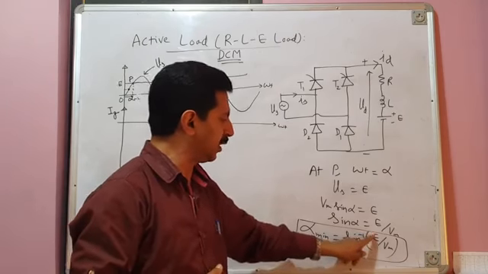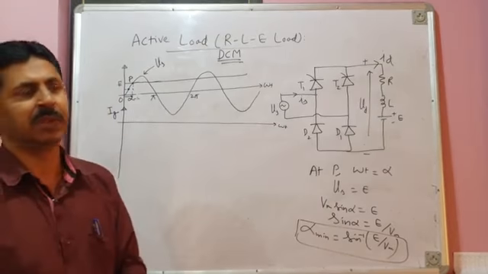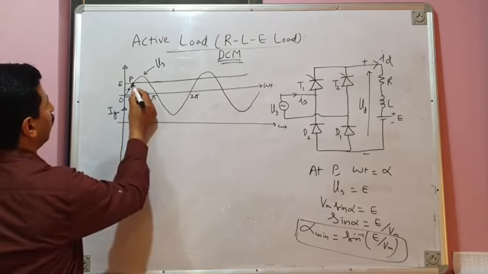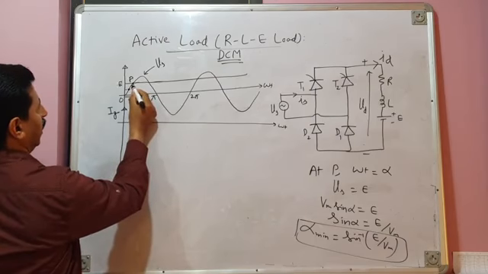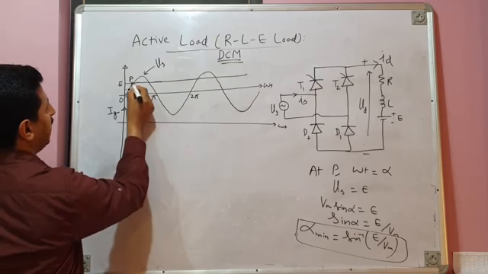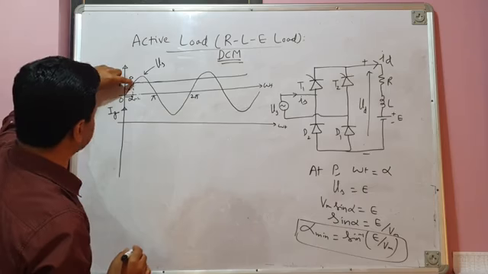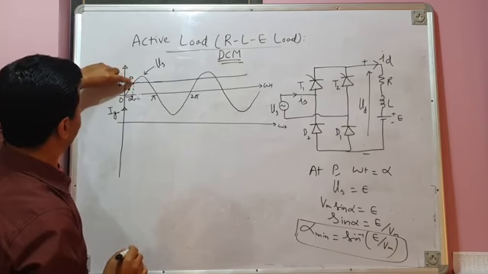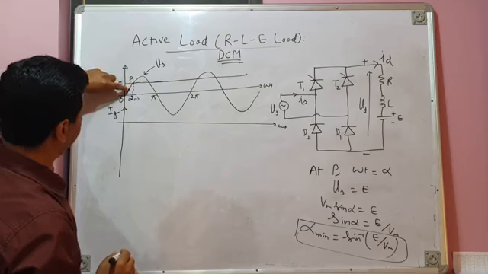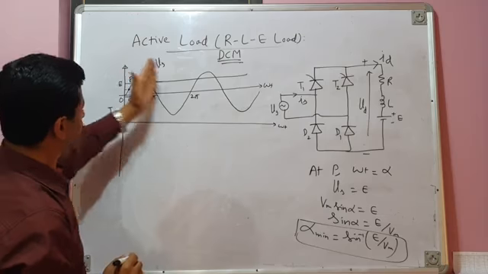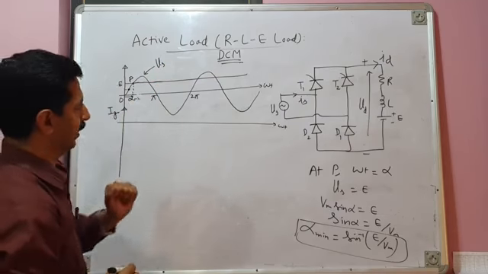So sine inverse of E by Vm will give you the minimum delay angle, and that is this. Therefore you cannot have a firing angle or delay angle less than this. The delay angle has to be either alpha min or more than this. You cannot issue firing pulses below this point. You have to issue the firing pulse either here or beyond this point. So this is the minimum delay angle.